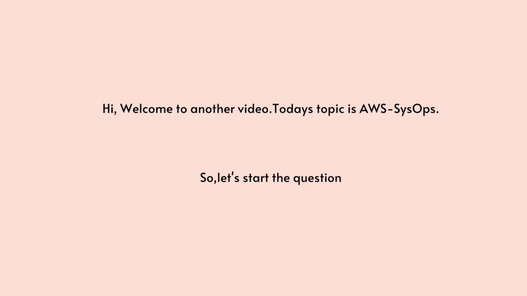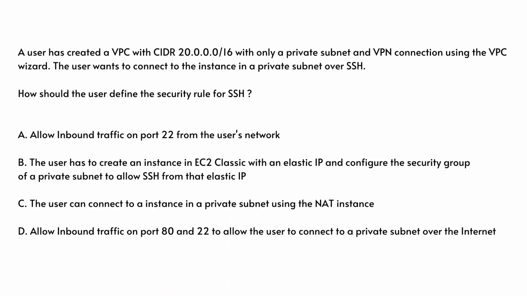Today's topic is Amazon Web Services SysOps. So let's start the question. A user has created a VPC with CIDR 20.0.0.0/16 with only a private subnet and VPN connection using the VPC wizard.